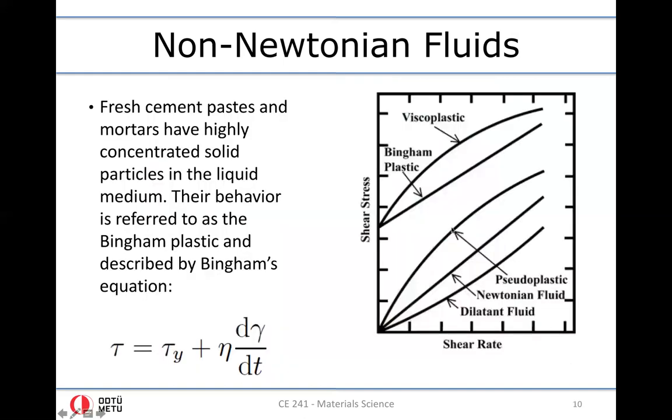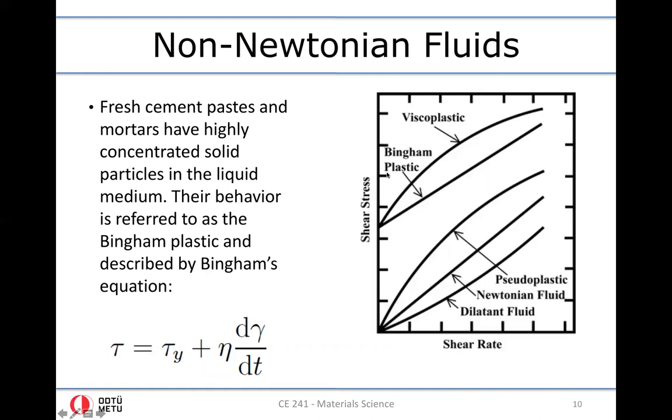So besides the pseudoplastic, dilatant, non-Newtonian fluid behavior or Newtonian fluid behavior we observe here, we also have non-Newtonian fluids whose viscous behavior or flow is activated beyond some stress threshold.